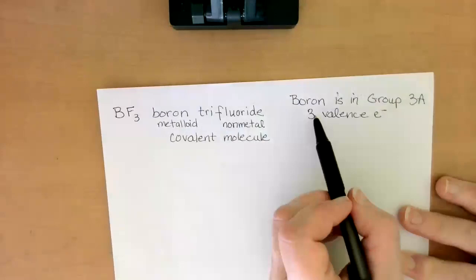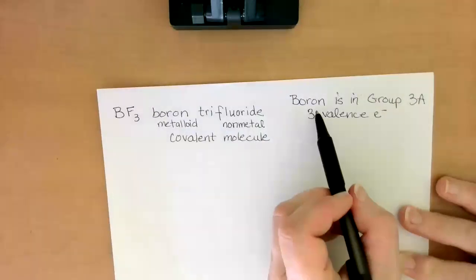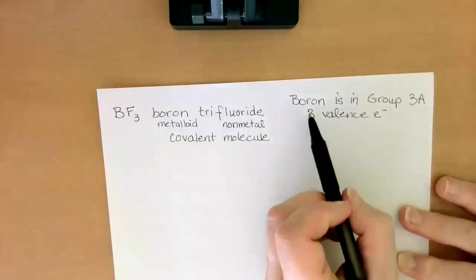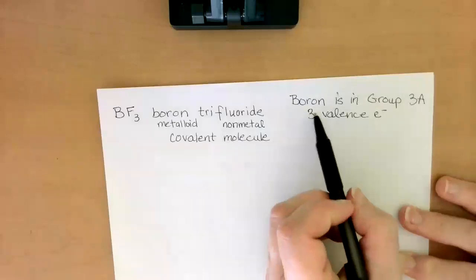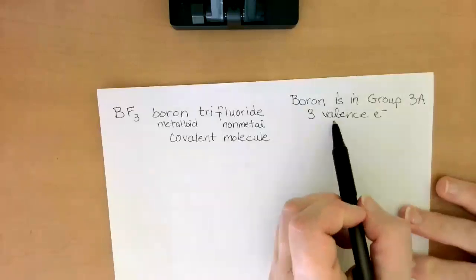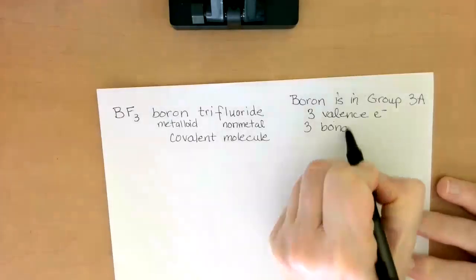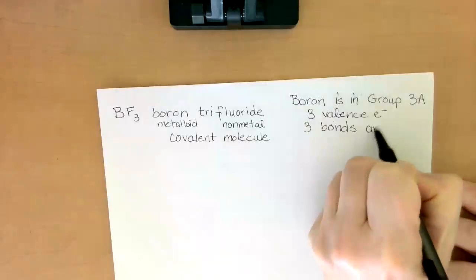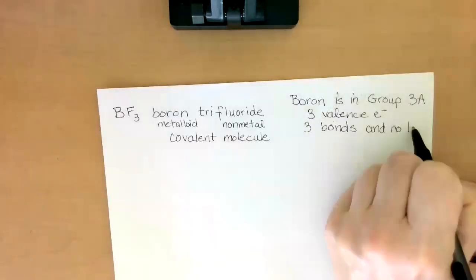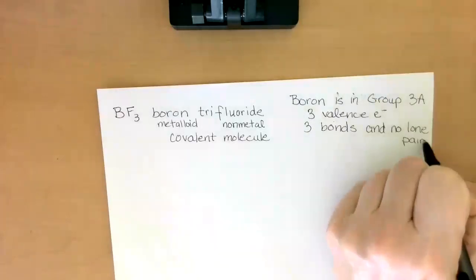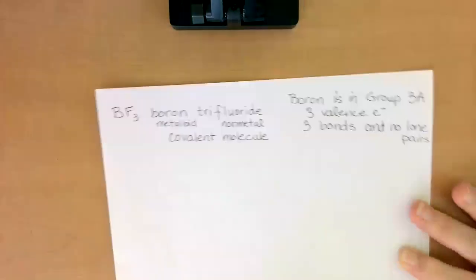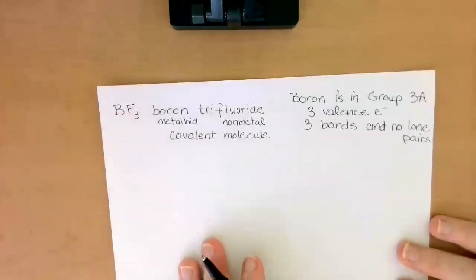Boron does not lose electrons like aluminum does beneath him because boron is not a metal. Therefore, the best boron can do is form 3 bonds. He'll also have no lone pairs of electrons remaining. He'll use his 3 valence electrons to form 3 bonds, and then that's the best he can do at this level.